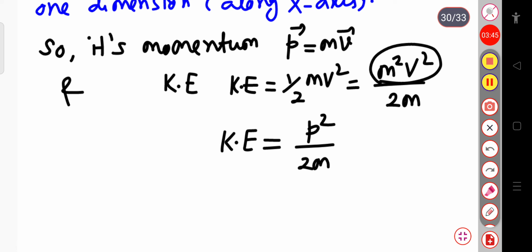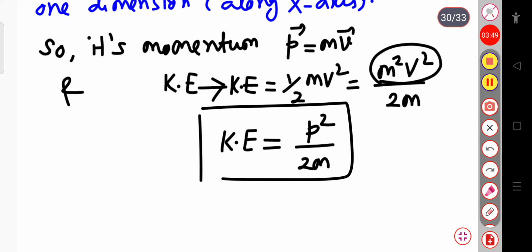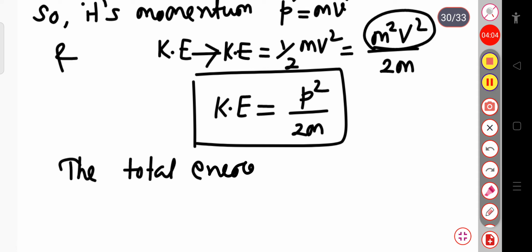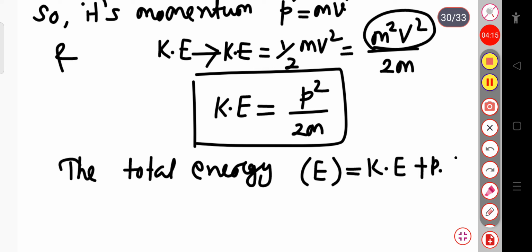And if I calculate the total energy of the system, I am expressing this total energy as capital E. This total energy is the sum of kinetic energy and potential energy.